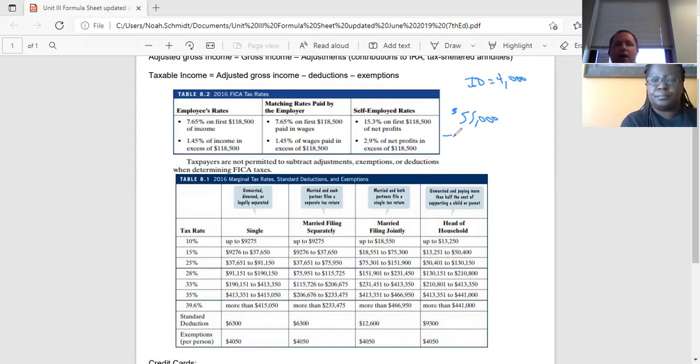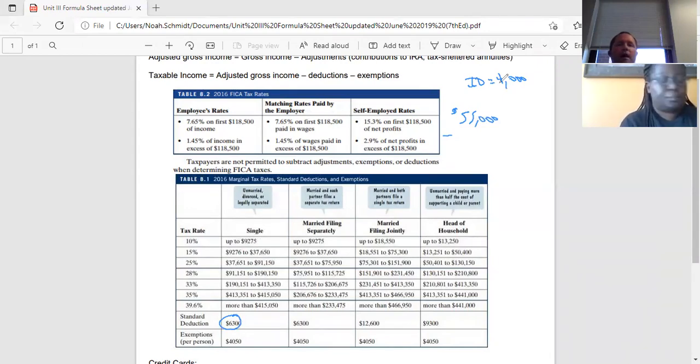And we have to subtract off either his itemized deductions or his standard deduction. His standard deduction would be 6,300. And the goal is to get as little taxable income as possible.